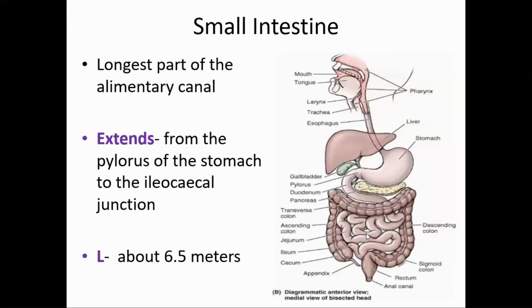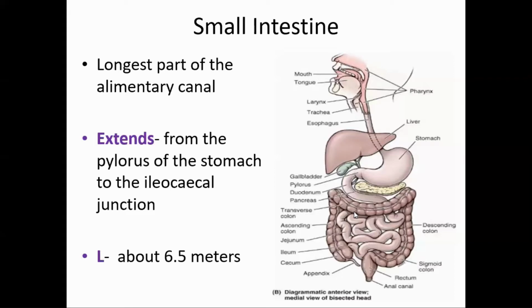Which part of the GIT is the longest? The small intestine is the longest part of the GIT, and its length is about 6.5 meters or 6.25 meters.